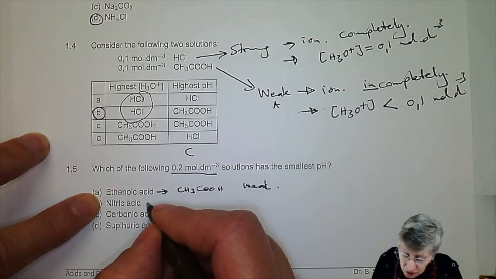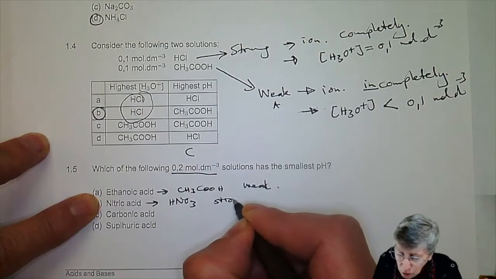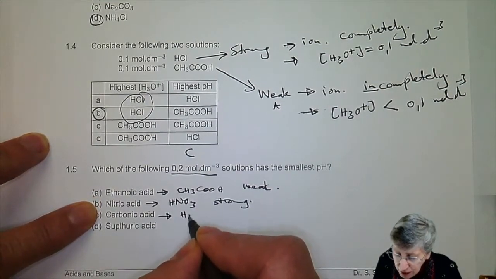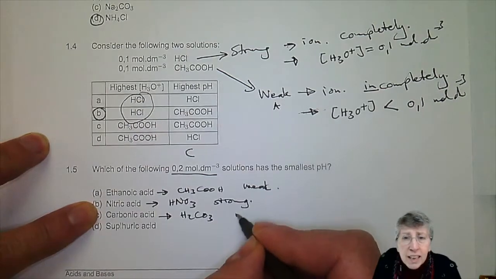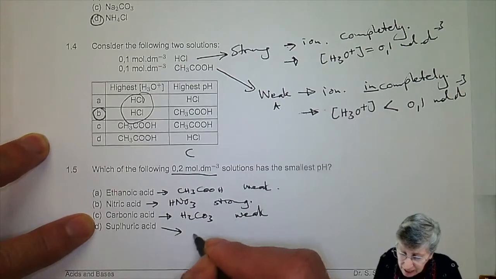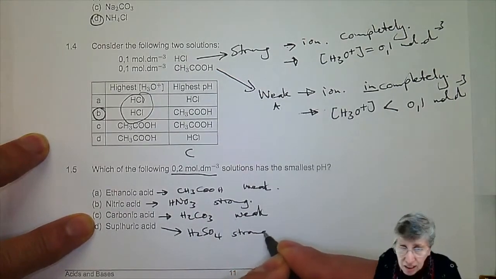What do we know about nitric acid, HNO3? That is a strong one. That will ionize completely. Carbonic acid, H2CO3, weak, ionizes incompletely, and sulfuric acid, H2SO4, strong and ionizes completely.